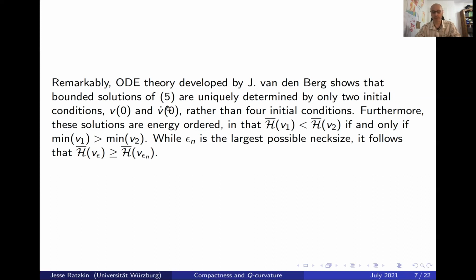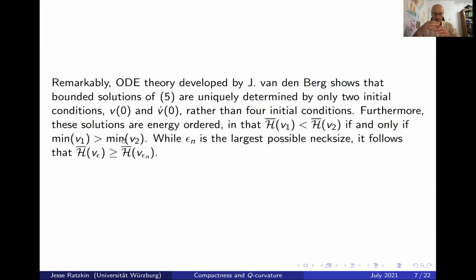And furthermore, one can show that these solutions are energy ordered. This is the same as saying that if the Hamiltonian energy of v1 is less than the Hamiltonian energy of v2, then the minimum value of v1 is greater than the minimum value of v2.